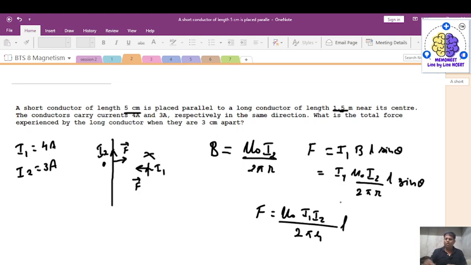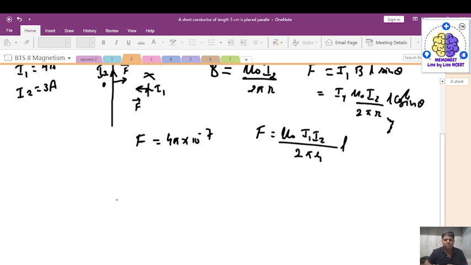So putting the values of the variables over here, we will get F is equal to 4 pi into 10 to the power of minus 7 into I1 and I2 are 4 into 3 upon 2 pi.